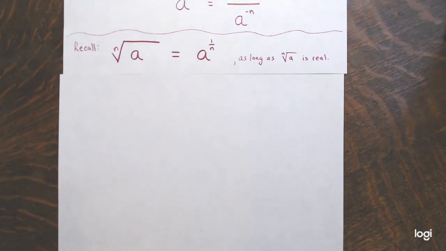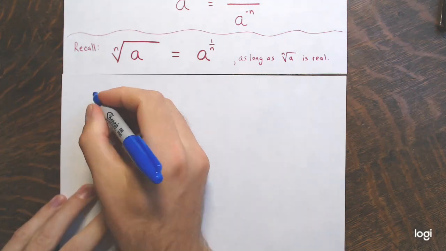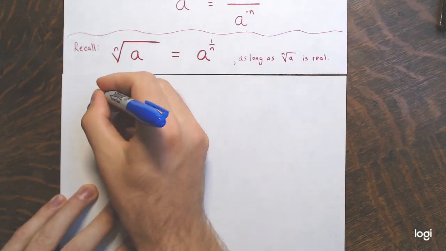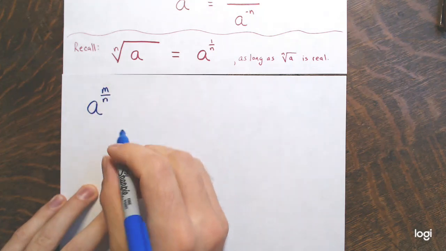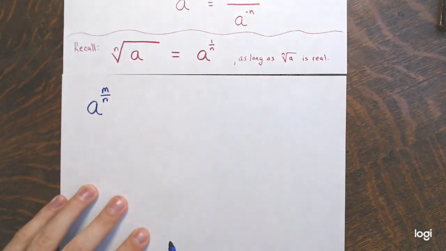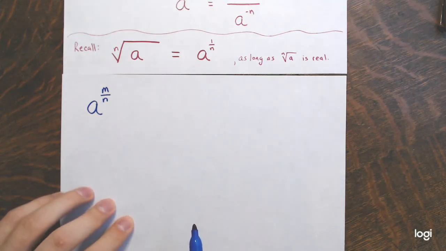This is some number a, base a, to the fraction power, m in the numerator, n in the denominator. All right. Well, you can look at this in a couple ways.